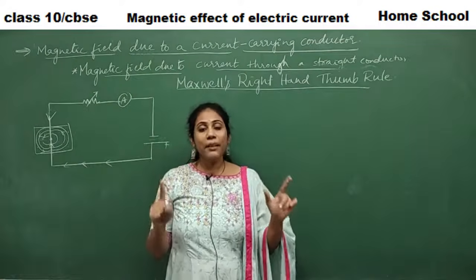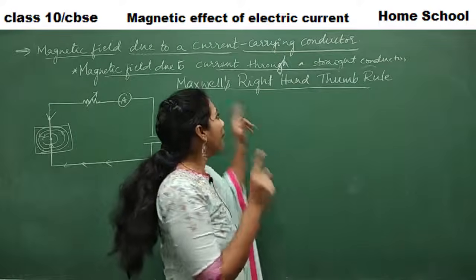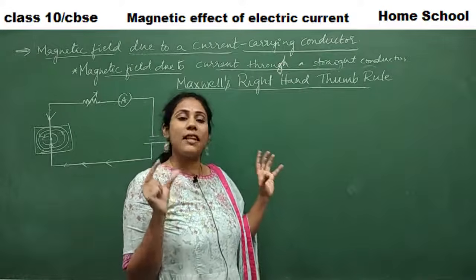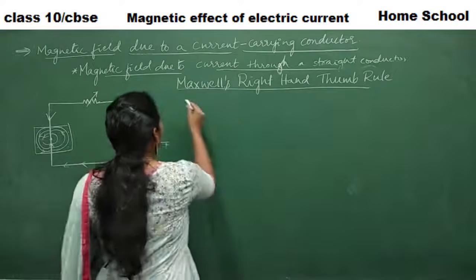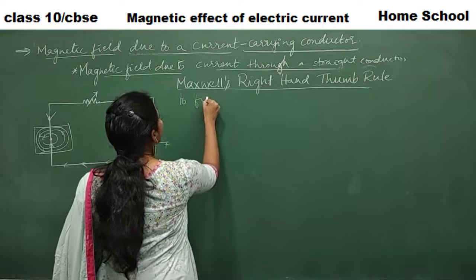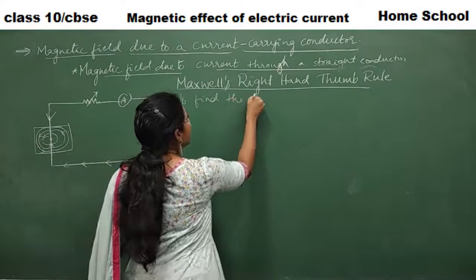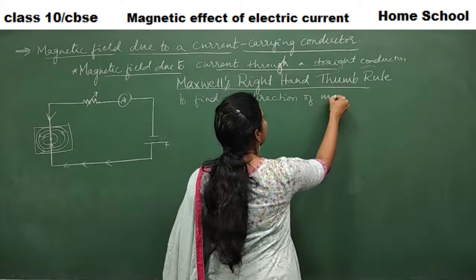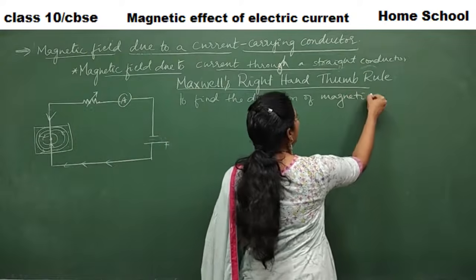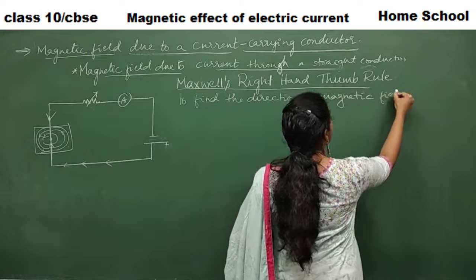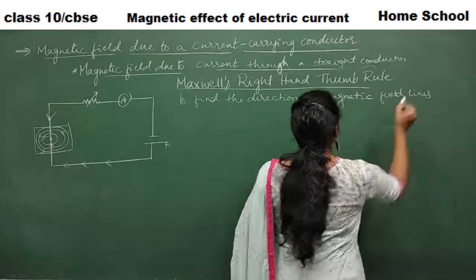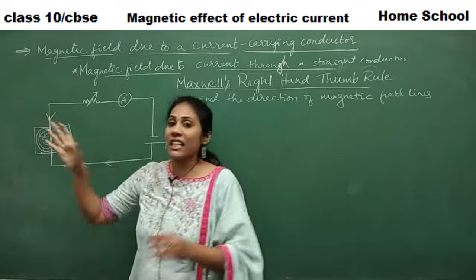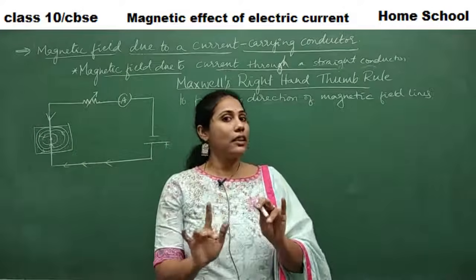Keep the first important point in your mind about Maxwell's right hand thumb rule. Why we are studying Maxwell's thumb rule is to find the direction of magnetic field lines when current is passing in a straight conductor.